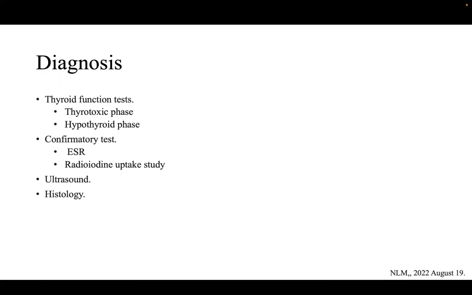And histology-wise, we can differentiate between these two conditions. In subacute granulomatous thyroiditis, there'll be multinucleated giant cells and granulomatous inflammation. In subacute lymphocytic thyroiditis, you'll have lymphocytic infiltration with sparse germinal centers.